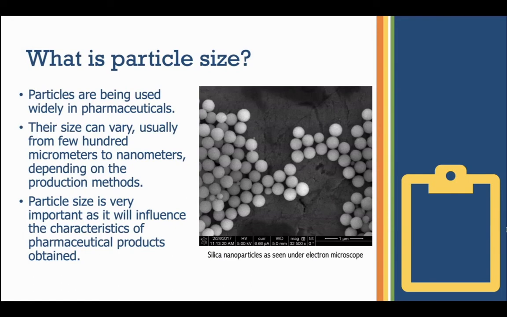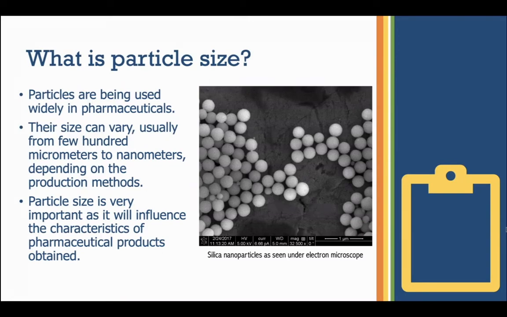So with regard to particle size, each particle of each drug can vary in terms of size, and this size can range from a few hundred micrometers to nanometers. Okay, micrometers is 10 to the power of minus 6 and nanometers is 10 to the power of minus 9.